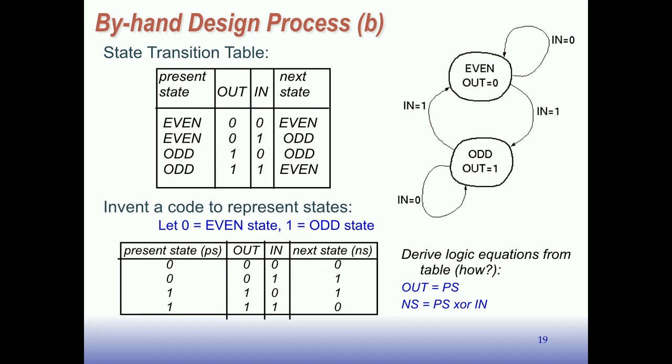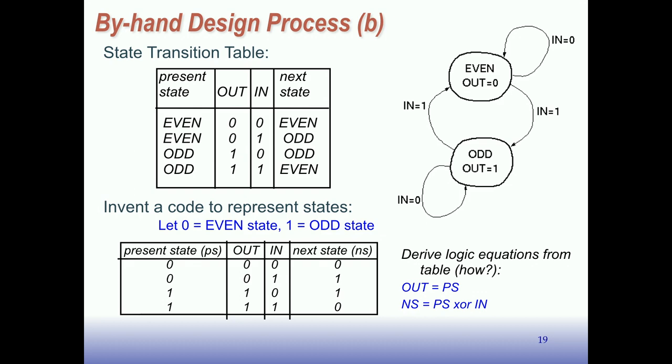But for now, let's let the even state be encoded by a 0 in the register, and the odd state be encoded by a 1 in the register. That's a nice way to encode it, as you will see in a minute. It simplifies some things. Now we can replace these symbols, which we had done symbolically, by their codes. So we replace all the evens with 0s and all the odds with 1s.